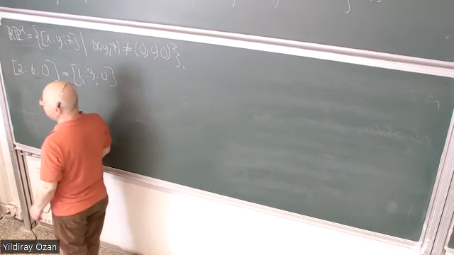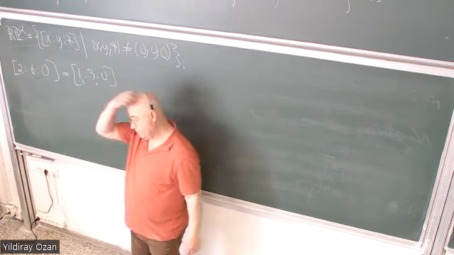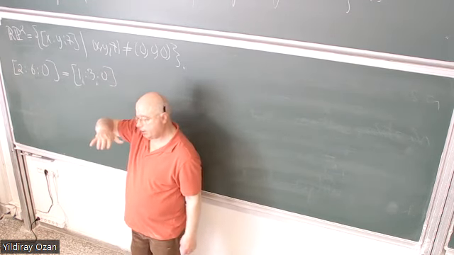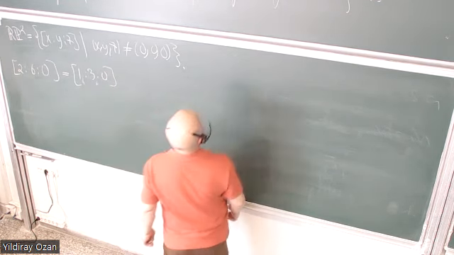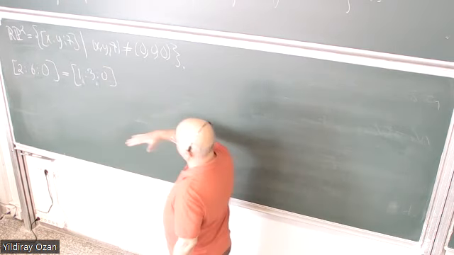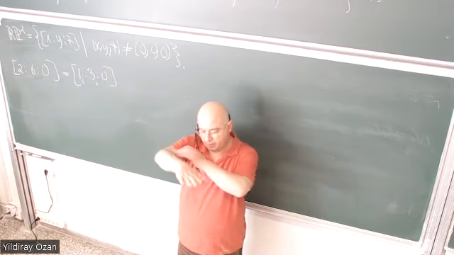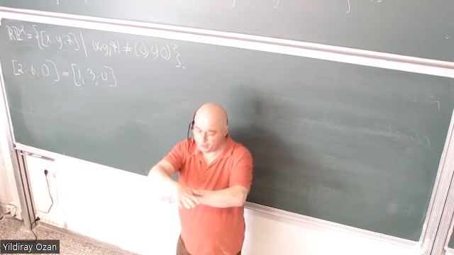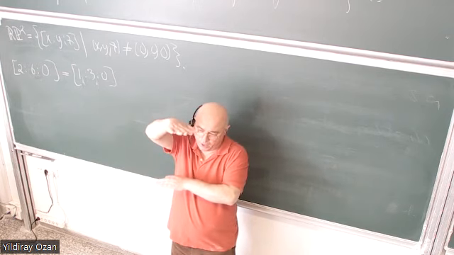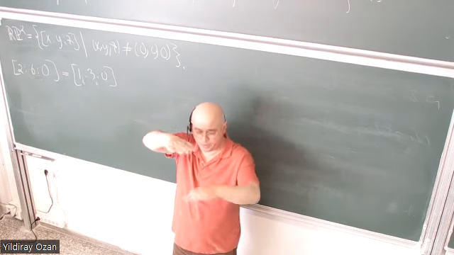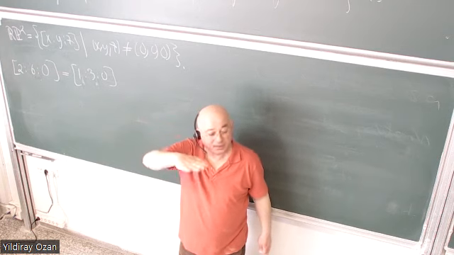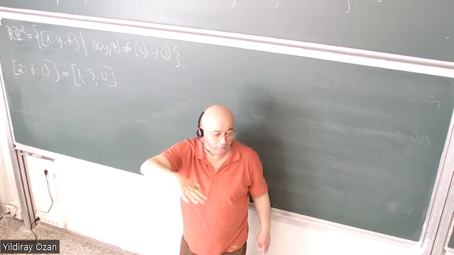Peki bizim düzlemimiz neydi? So our usual plane was the XY plane, but we lifted one unit up. So our plane was the plane Z equals 1.